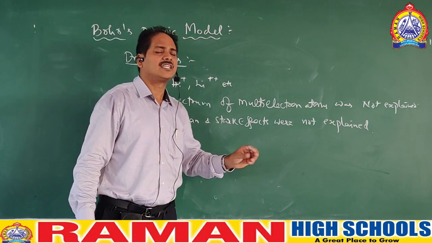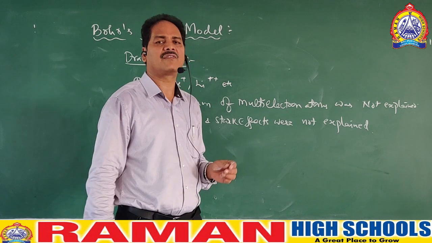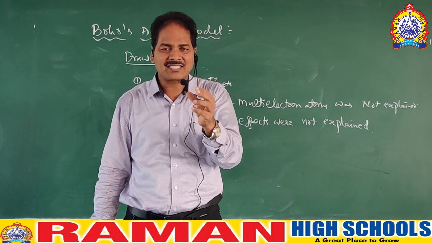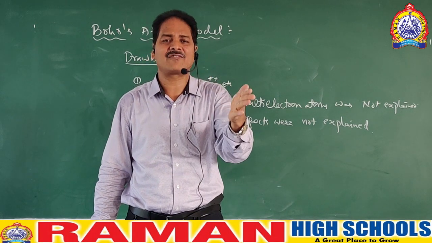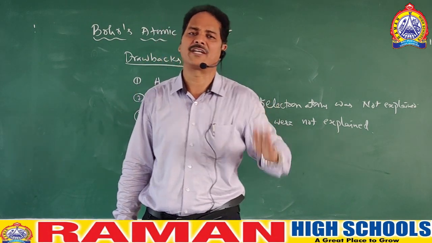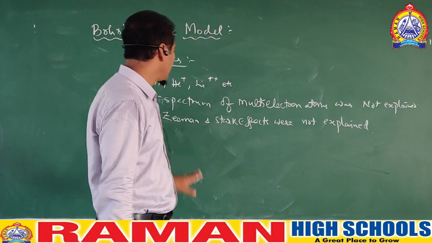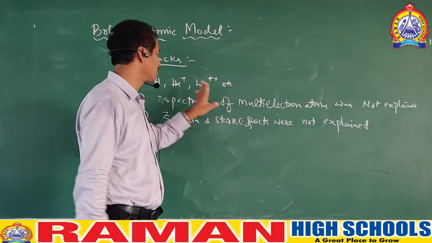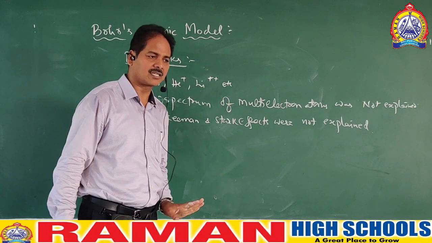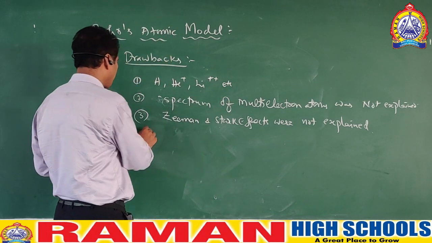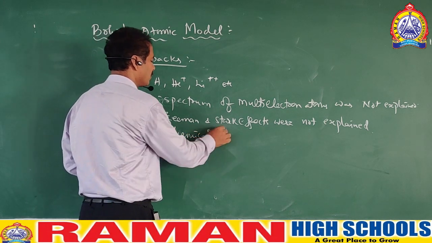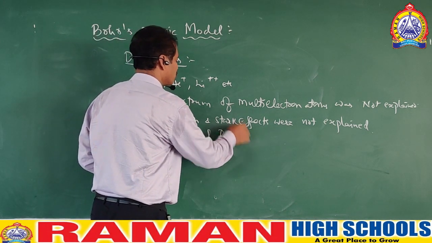Stark effect is splitting of spectral lines under the influence of strong electric field. So, the spectral lines observation under magnetic fields and electric fields were not explained by Niels Bohr. And this model could not explain the spectrum of multi-electron atoms, it could explain the spectrum of only uni-electron atoms. And this model could not explain the chemical bonds, how the chemical bonds are formed between the atoms to form molecules.